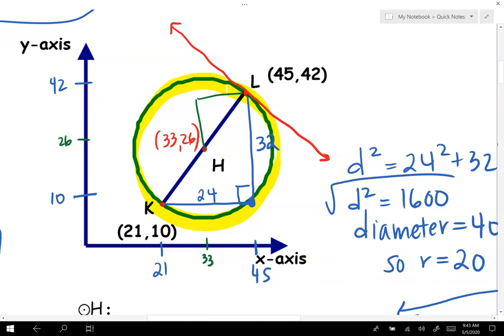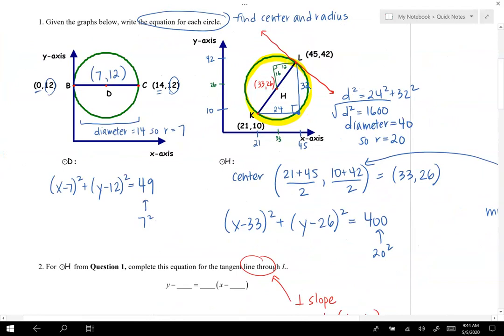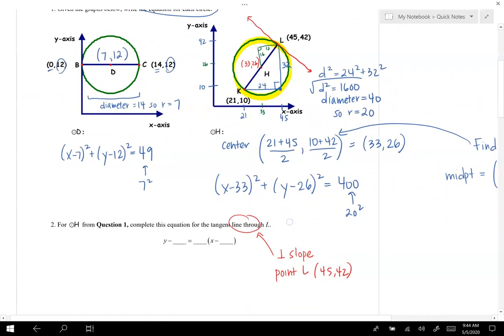So my rise is 16 and my run is 12. Okay? Which means, and I'm going to zoom out here, which means my radius slope is positive 16 over 12, which reduces to 4 over 3.